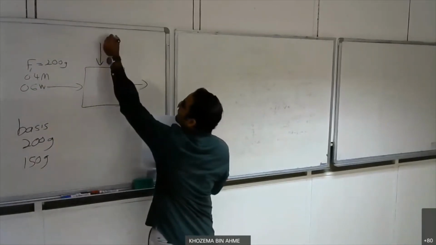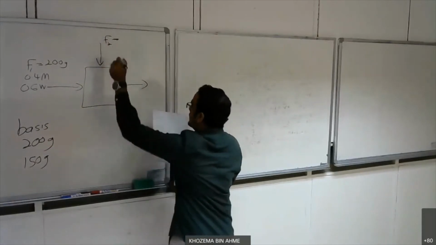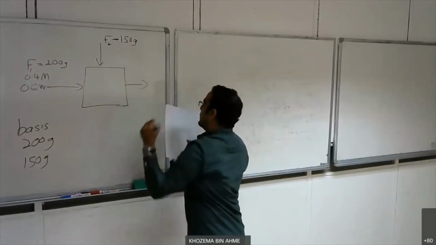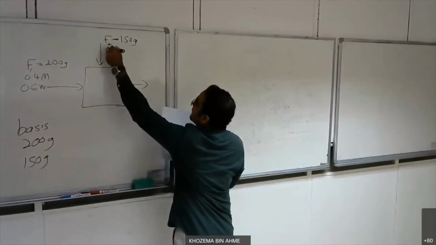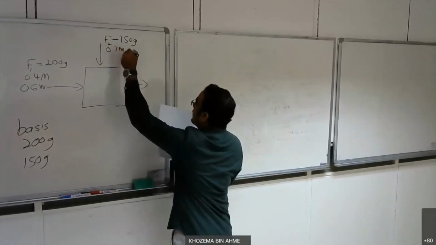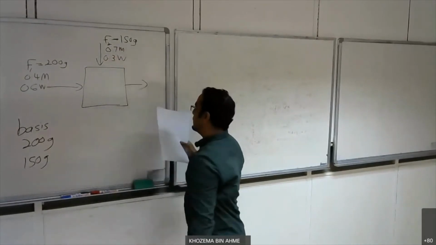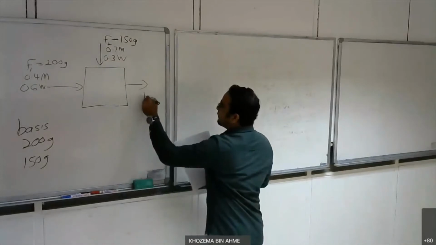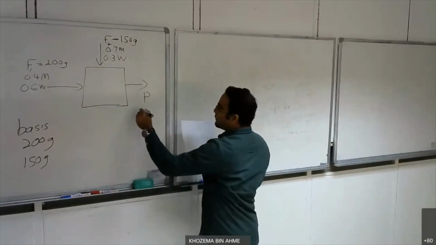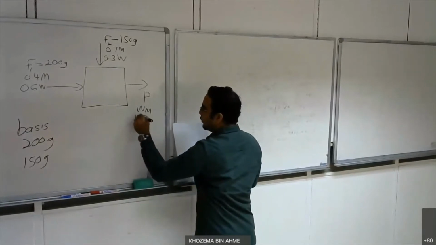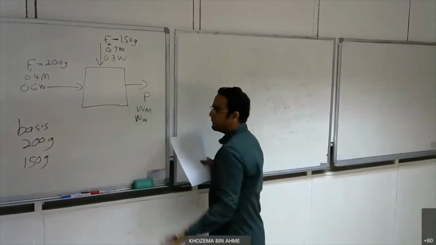Then this is my F2 equal to 150 gram, and I have 70% or 0.7 methanol and also 0.3 water, and I have a product with weight fraction of methanol and weight fraction of water.